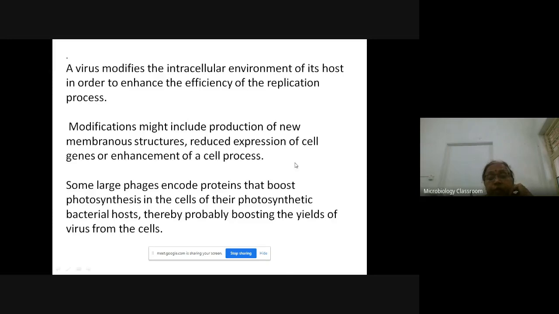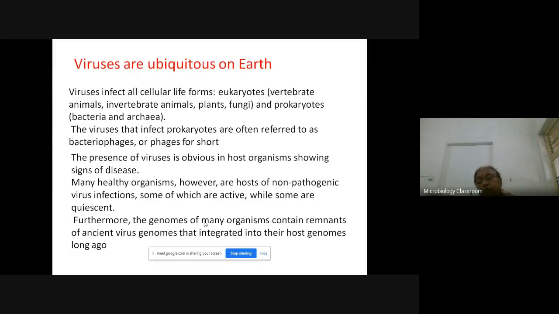Here, photosynthetic bacterial hosts also possess certain viruses, and when these viruses attack these photosynthetic bacterial hosts, one of the properties is that they are found to boost the photosynthetic activity of the host, and this may be a reason which enhances the multiplication of the viruses in photosynthetic bacterial hosts. So this is about the parasitic nature of the viruses.